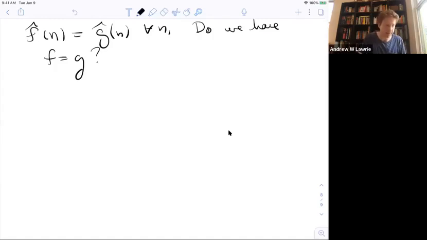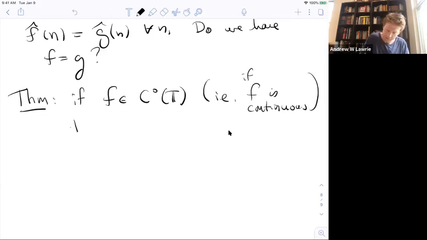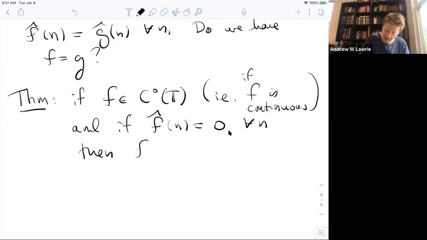The theorem is that if f is continuous on the torus, and if f hat of n is equal to 0 for every n, then f is the zero function.